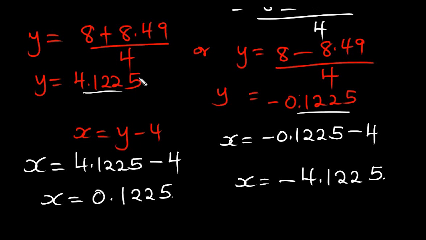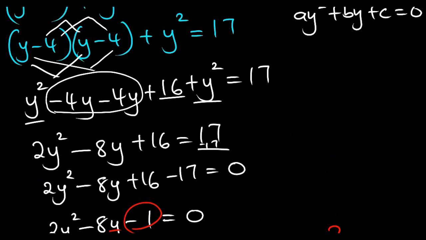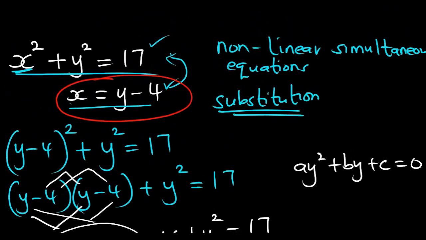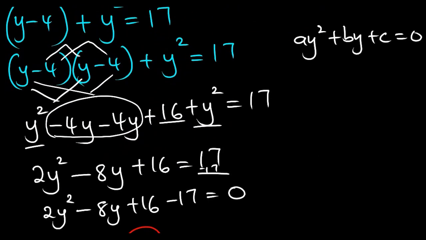So when y is this, x would be equal to this. So those are the four answers, two values of x and two values of y. So we have solved the quadratic simultaneous equation.